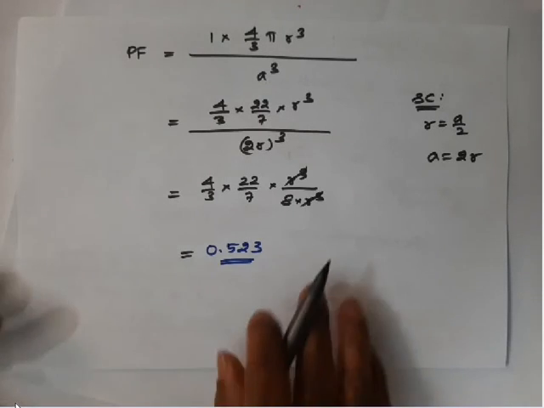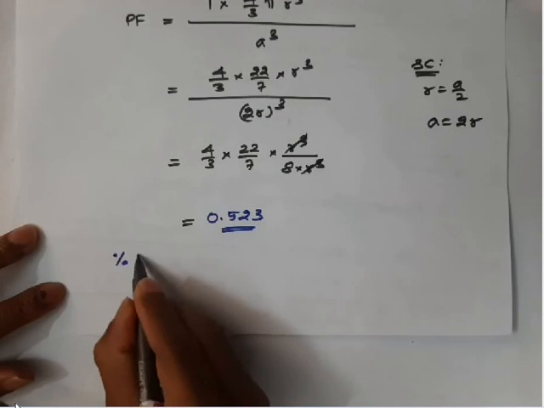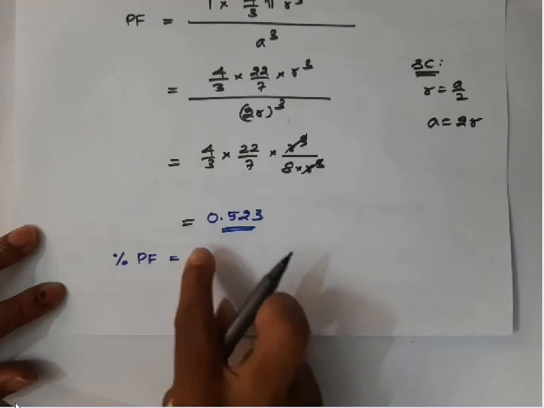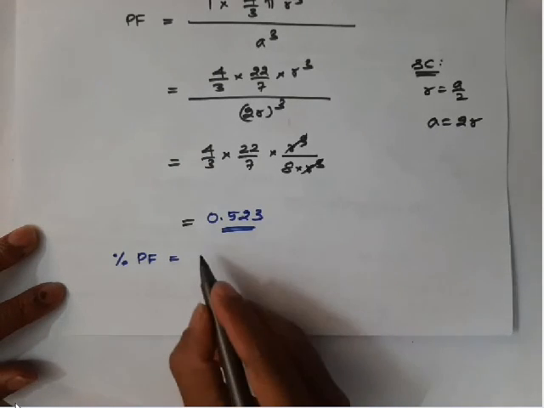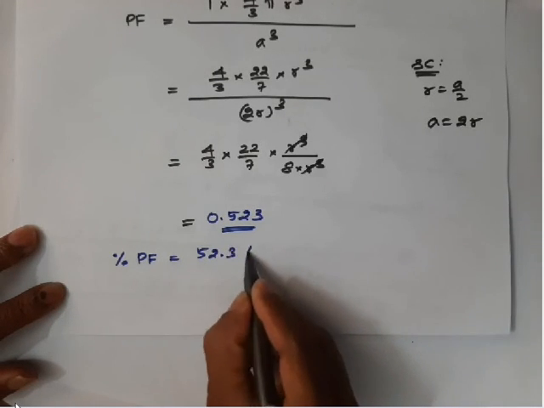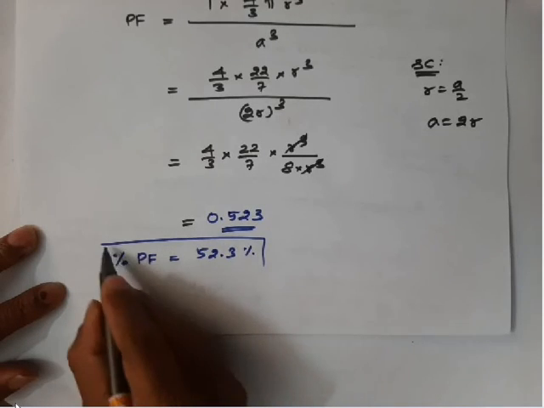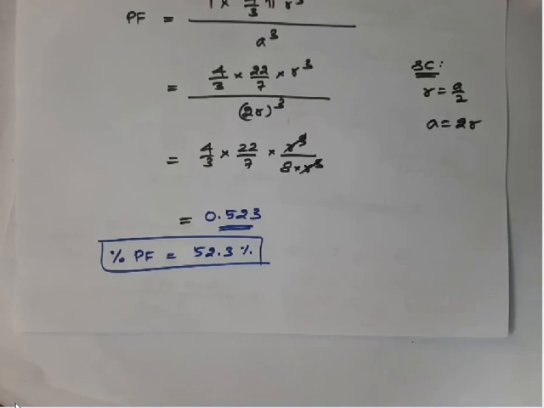Or percentage packing fraction, which means you have to multiply this by 100, you will get 52.3 percentage. What is meant by 52.3 percentage? If the total volume is 100%, out of 100%, only 52.3 is occupied.